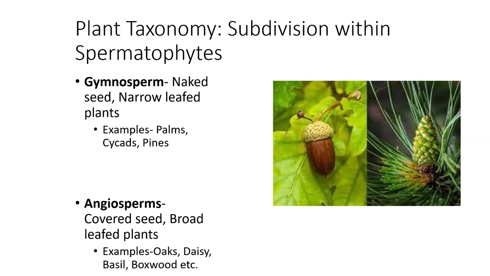That means the seed is actually covered by a shell. Think of a pecan, if you will. If you've ever cracked a pecan nut, you know that it's got that shell around it. Often these are our broad-leafed plants. This can include everything from an oak, daisy, basil, boxwood, anything in between.